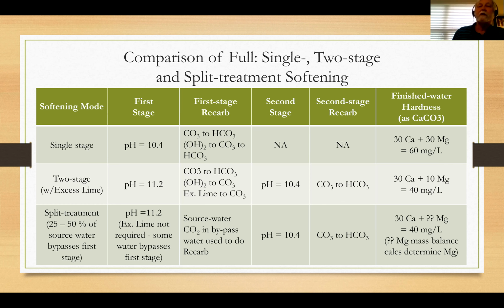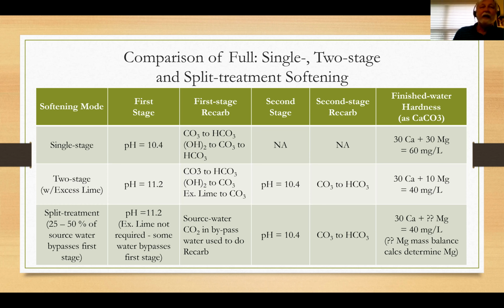I'm ideal for calcium carbonate precipitation. So my finished water now is 30 calcium and 10 magnesium. Because I operated that first stage at 11.2, I can get my magnesium down to 10. But again, that's 40 milligrams per liter of calcium carbonate. And that's pretty soft, pretty soft.